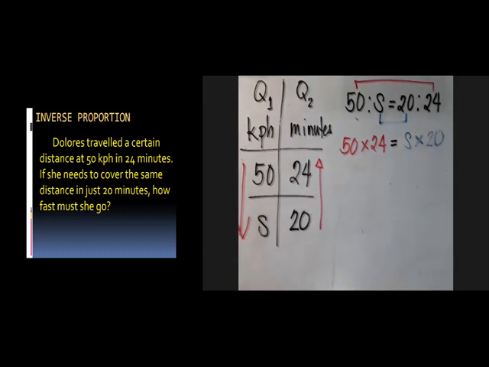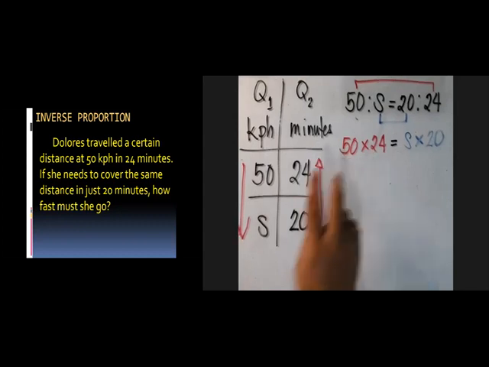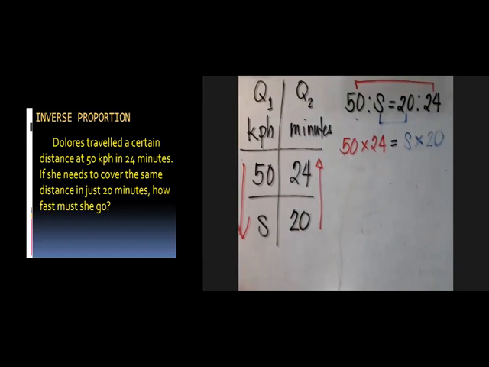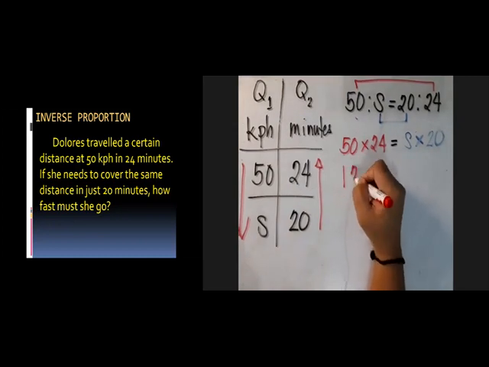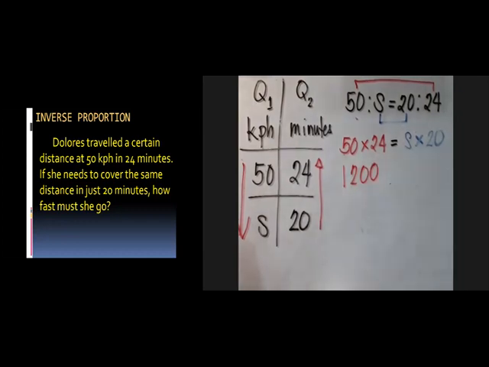Then, do sa dalawa, mas mako-compute natin yung 50 times 24. And what is 50 times 24? Okay, so we have 1,200. Okay?